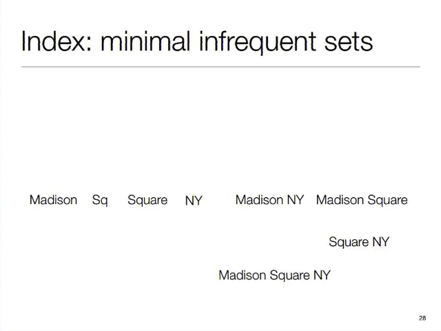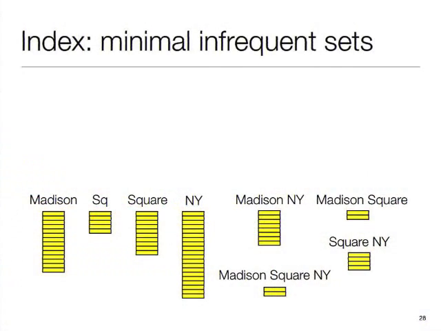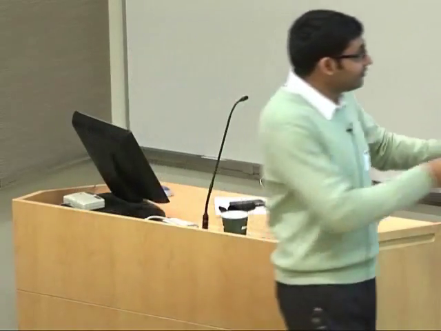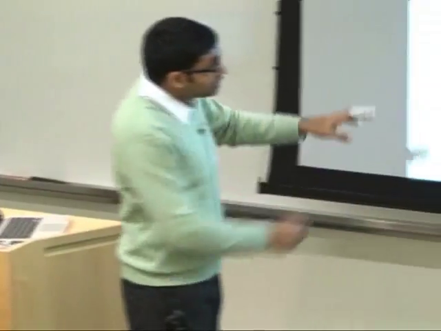In our minimal infrequent index, one intuition is we are not only going to create lists for individual keywords. We are going to create lists for sets of keywords as well, which can be thought of as queries. So instead of just having 4 lists for each of these 4 keywords, you could have a list which materializes the result for the query Madison NY, which is for a set. But we are not going to generate all of them.